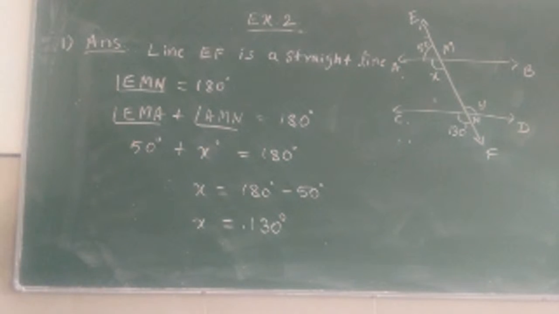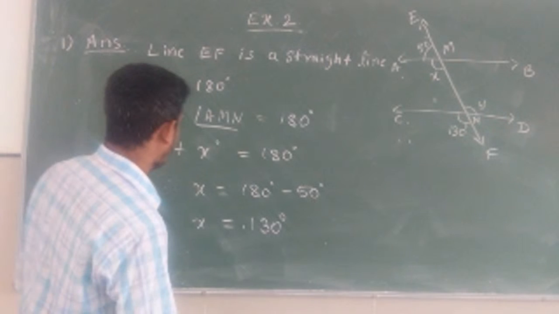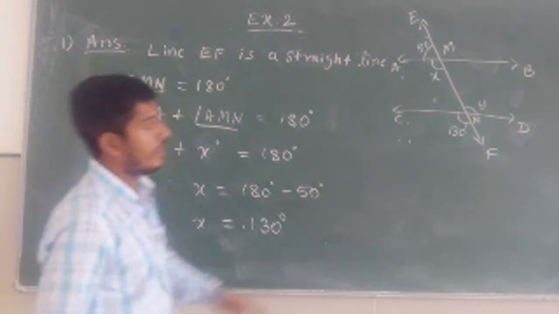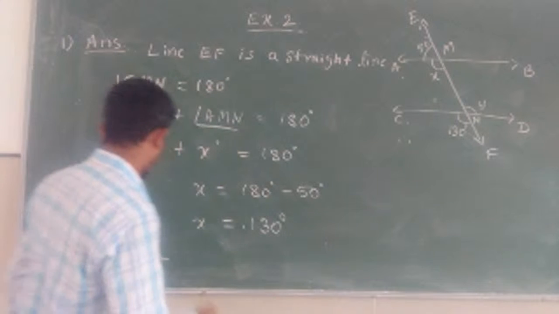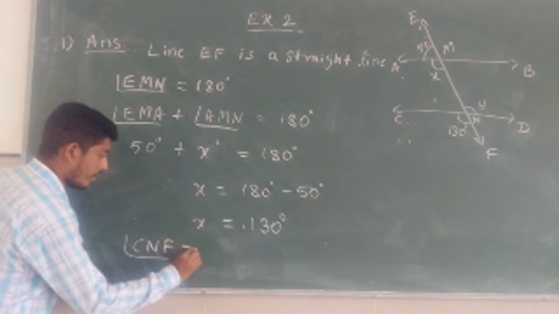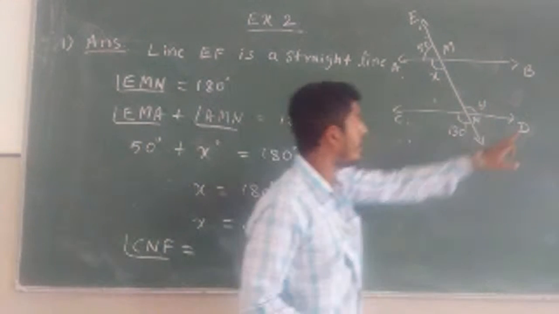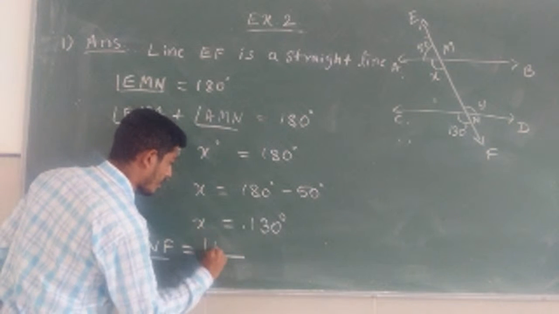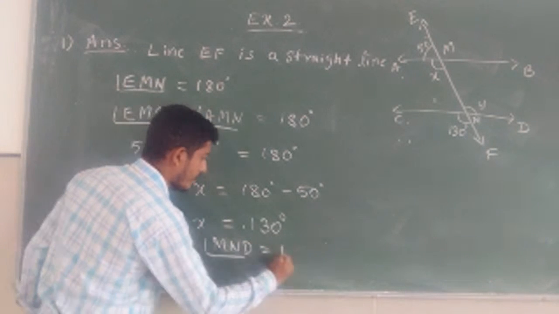Just look at the letters of the angles correctly. And similarly, angle CNF is equal to angle MND, which equals 130 degrees.